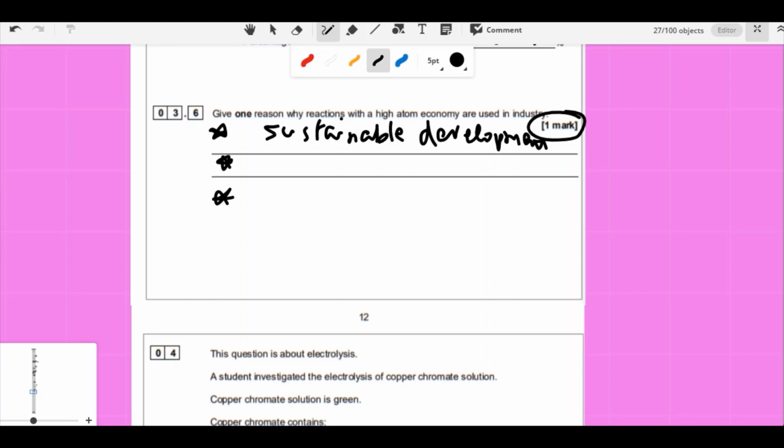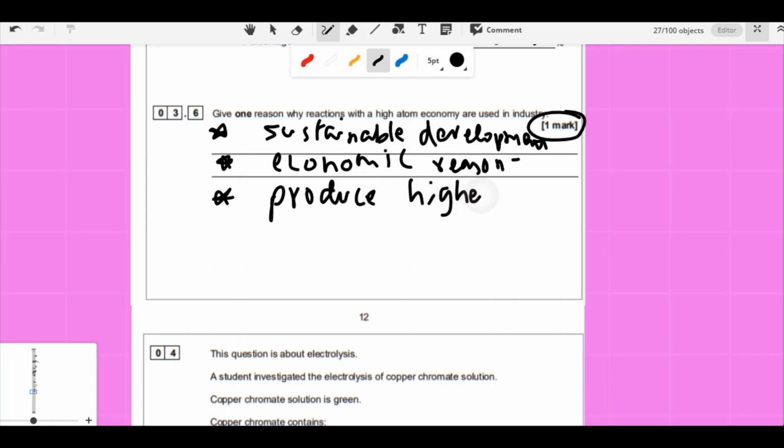Or you can say for economic reasons. How? The economic reason is that it produces a higher percentage of desired product.